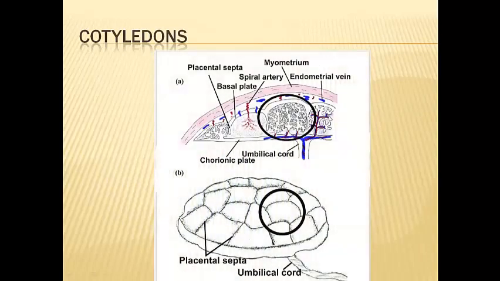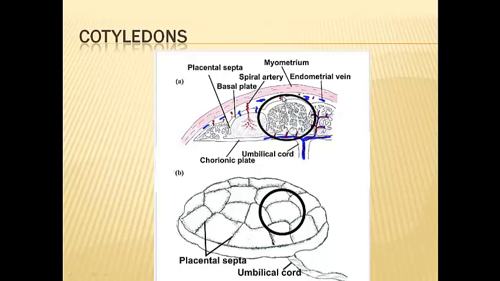Okay, so this is what the placenta looks like on the decidual side. You can see here that it's clearly divided into segments, and each one of these is called a cotyledon. So that you guys are oriented a little bit, this is the fetal side down here where the umbilical cord is, and up here you've got the maternal side.